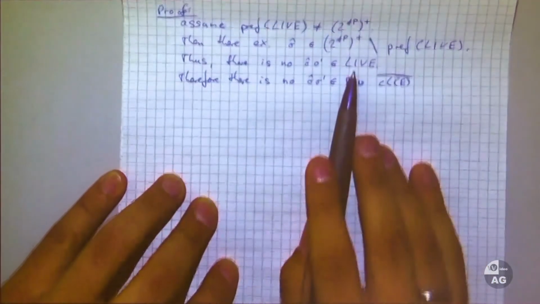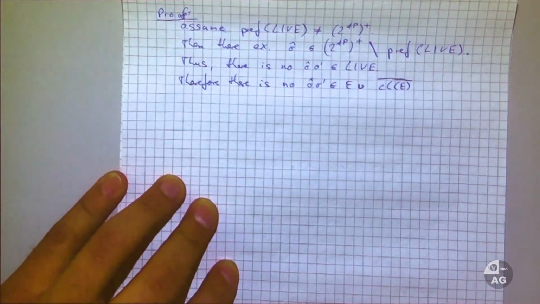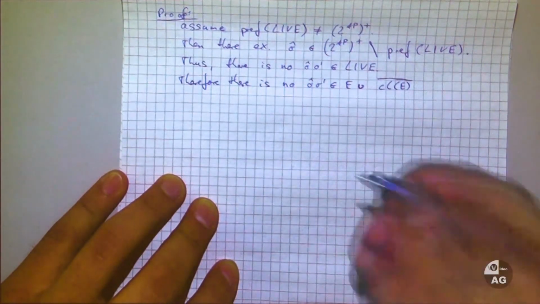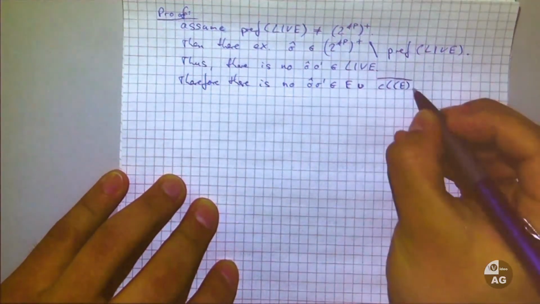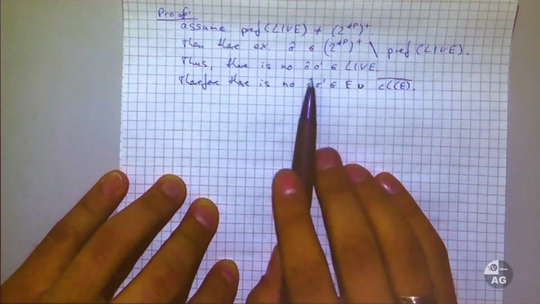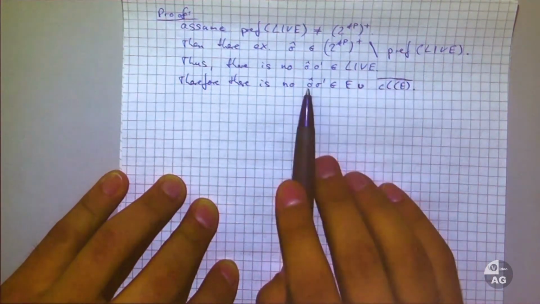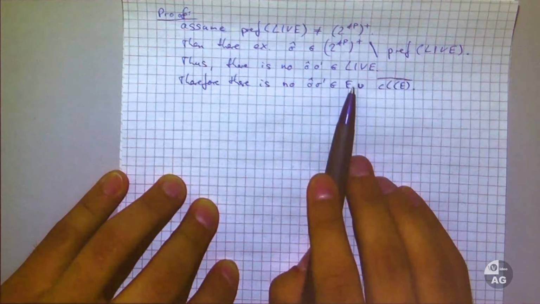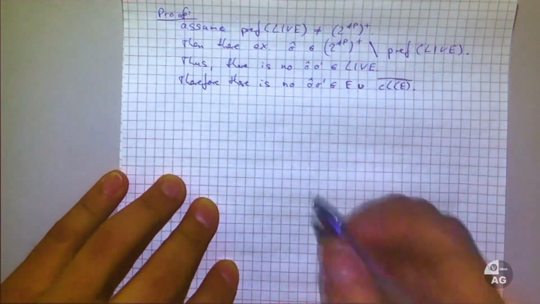So I substituted Live with the definition that we gave for the liveness property. But what does that mean? If we don't have a word of the form sigma hat, sigma prime in the union of these, it means in particular that we have no such word in E and that we have no such word in the complement of the closure.